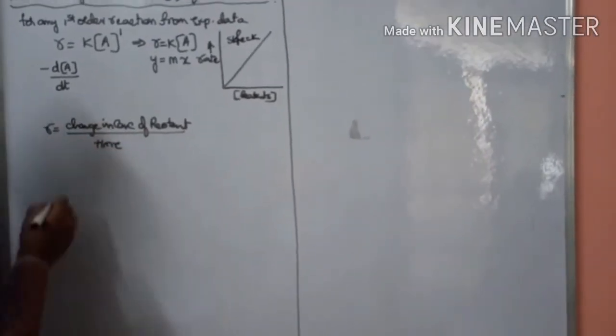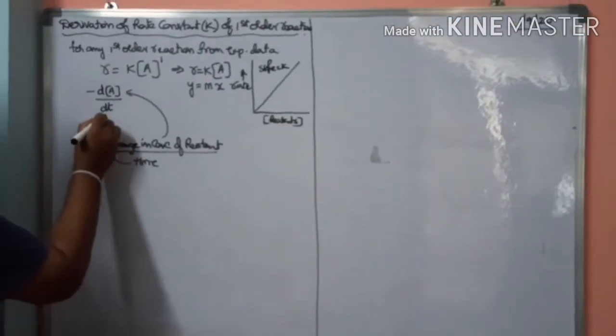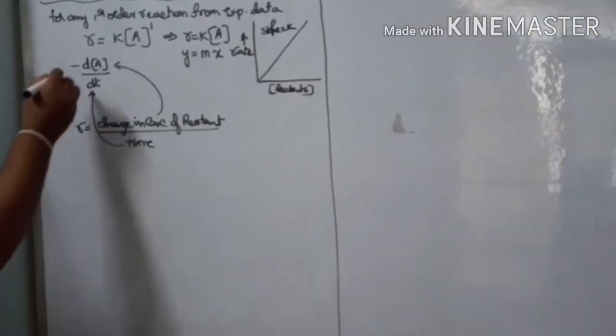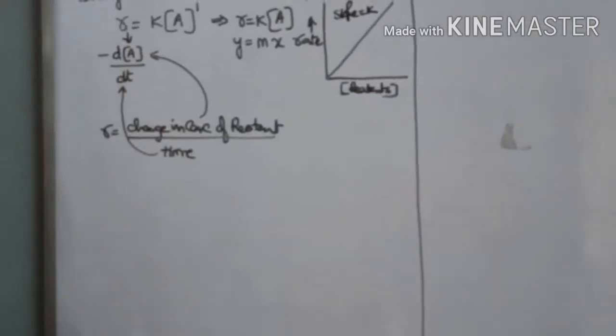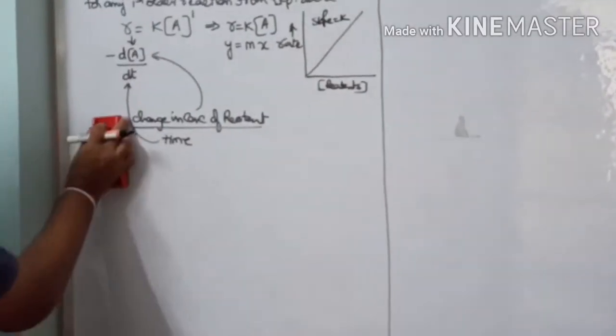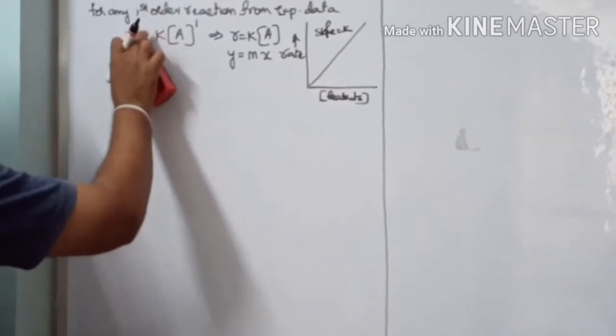This was the definition. So the numerator is change in concentration, the denominator is change in time. So with respect to that, I wrote R in this format. So R can be written as minus of dA by dt. Hope you understood why I wrote dA by dt.